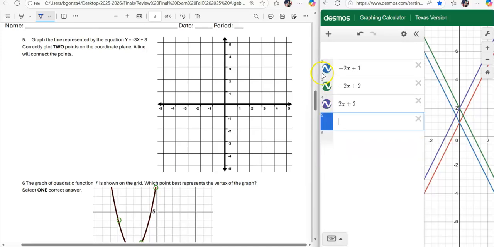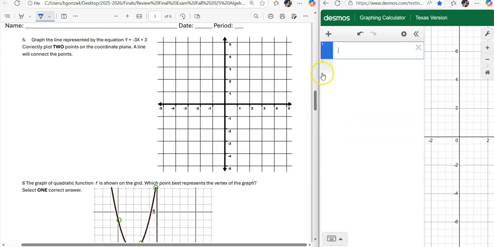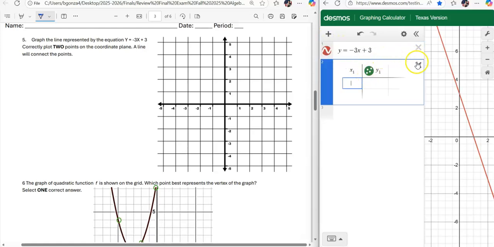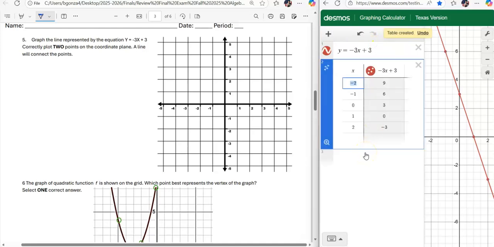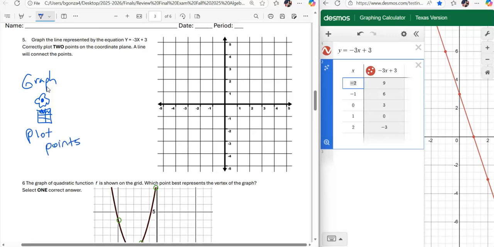Now this is tricky on the computer, but when you type in y equals -3x plus 3, hit the gear, click the table, and now you've got some values. So you want to graph, hit the gear, hit the table, and then plot points from this graph.